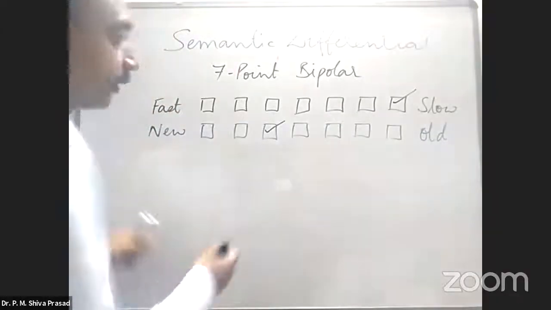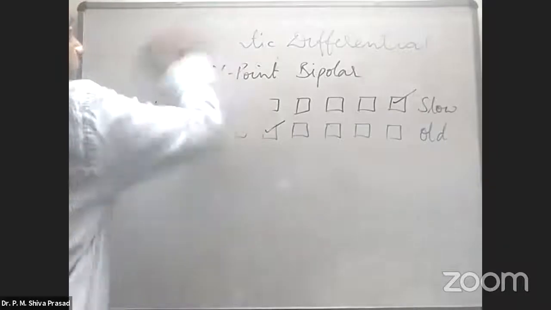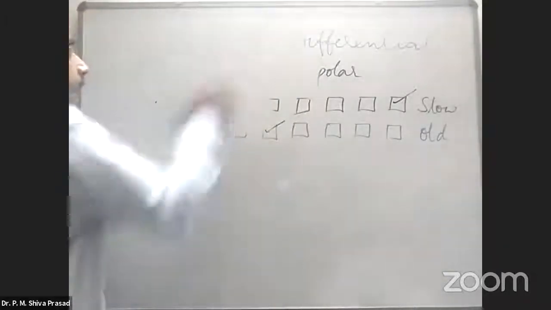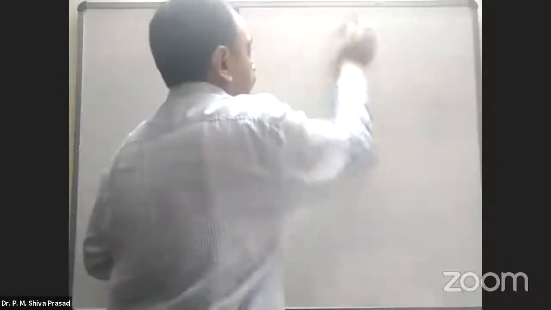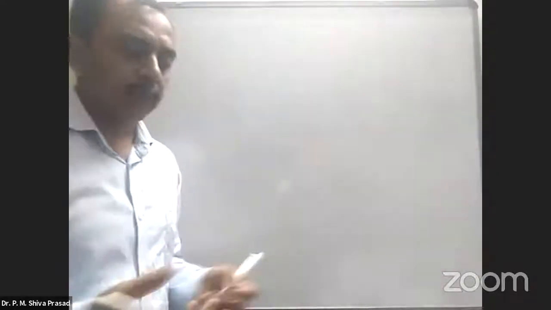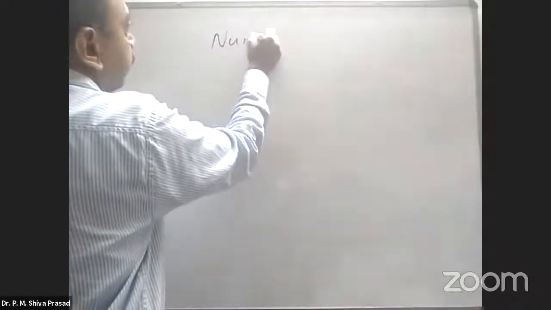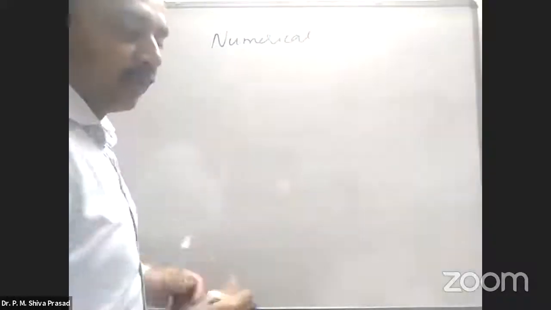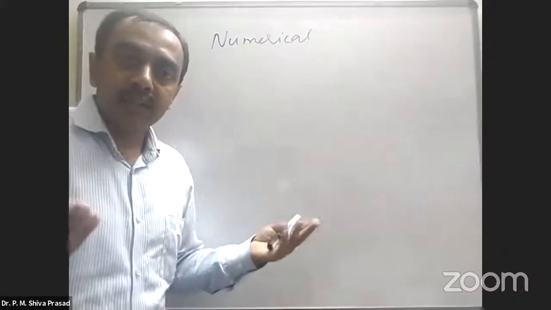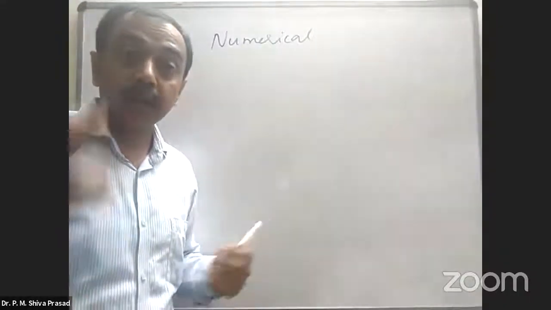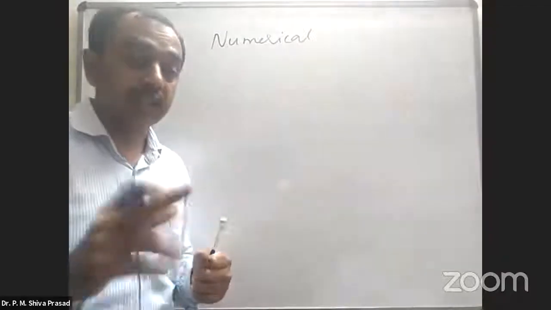Then the fifth one is a numerical scale. Numerical scale that is quite similar to the semantic differential scale, which I just discussed. Instead of boxes, we will have numbers in between. It is just the matter of convenience so that the accuracy of response is ensured.